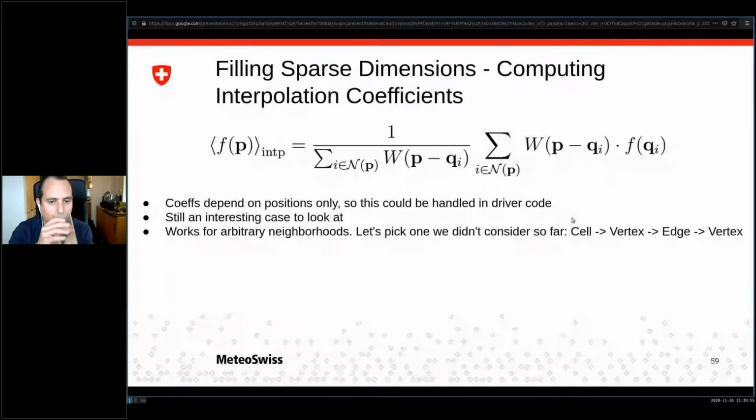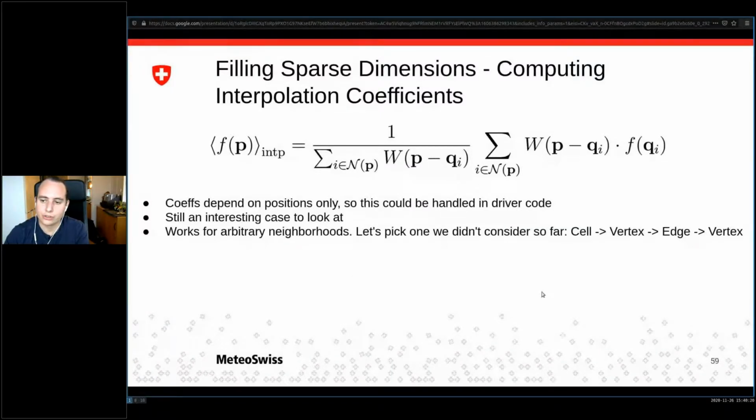Okay, so now this would be an excellent opportunity to look at the example from before the break again. But this time, we are not only interested in performing the evaluation of the interpolant, but we are also interested in actually filling the sparse dimension containing the function values here.